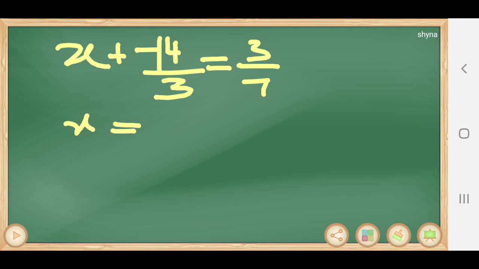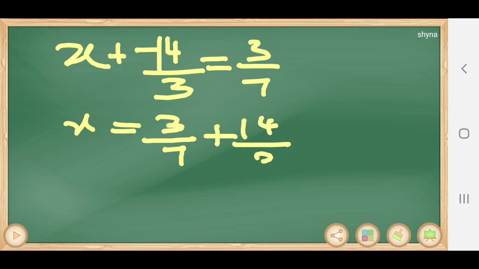So x stays in the LHS. 3 by 7 is already in the RHS, so no change for that. But this minus 14 by 3 has to move from LHS to RHS with a change in symbol, so it will be plus 14 by 3.